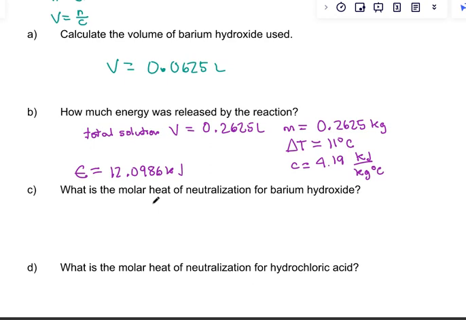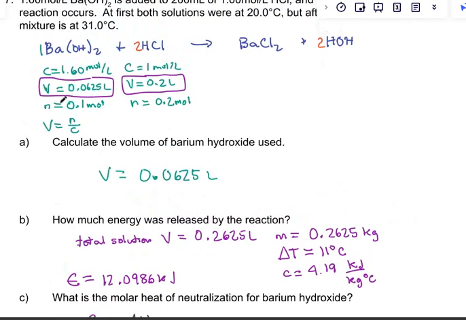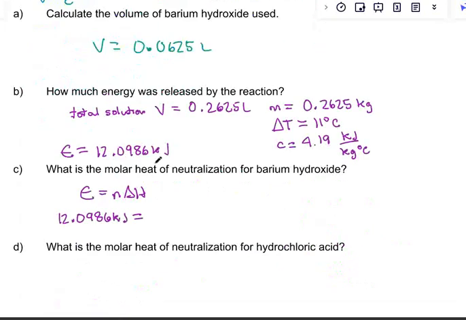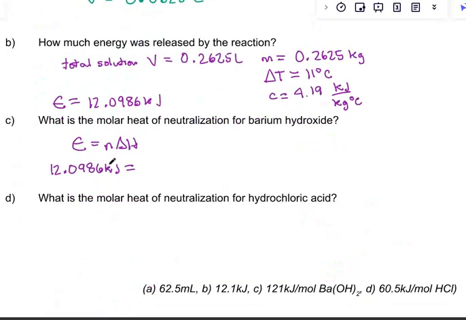And speaking of that, they ask, what is the heat of neutralization for barium hydroxide? Well, we know that in this reaction we just got 12.0986 kilojoules. That's our total amount. Our number of moles for barium hydroxide, conveniently we found up here, is 0.1 moles of Ba(OH)2 times the delta H we want to find.